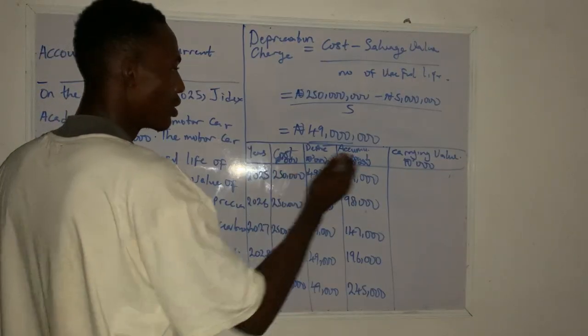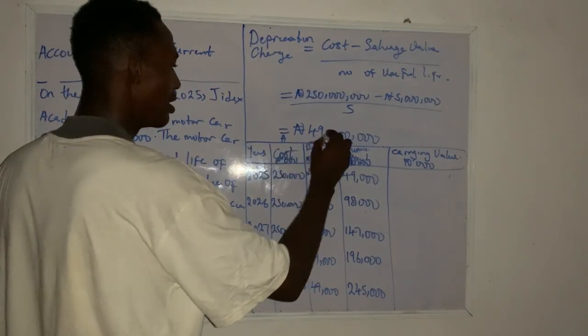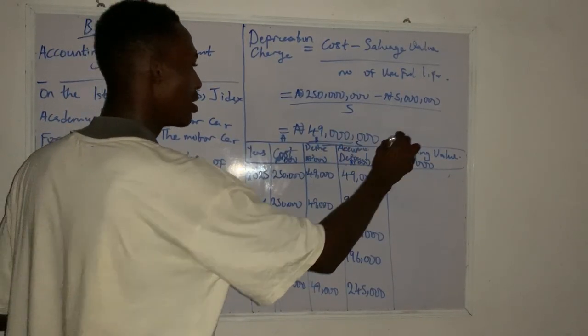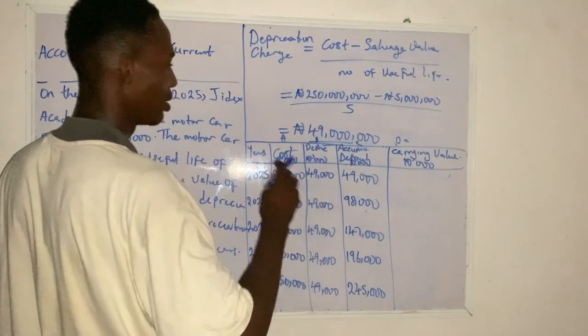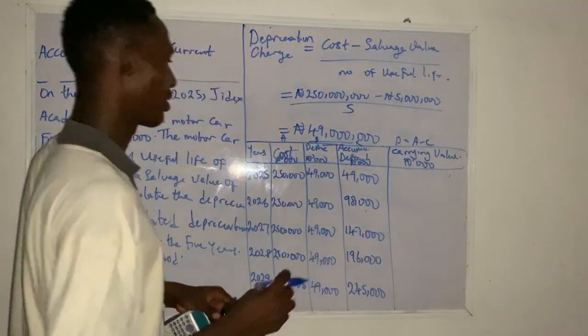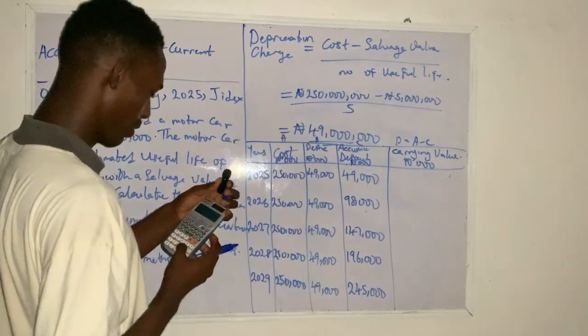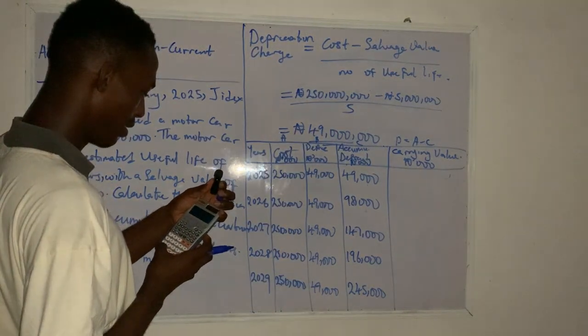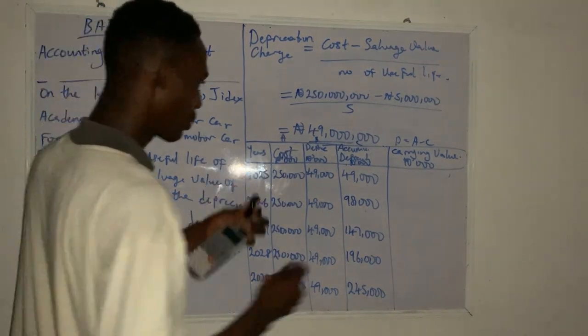Alright, so to get this, okay, let me help you label it. A, B, C. So your D is equal to what? Your A minus C. Alright, so 250,000 minus 49,000 is what? 201.